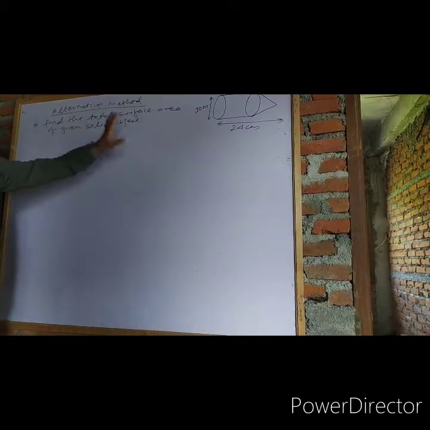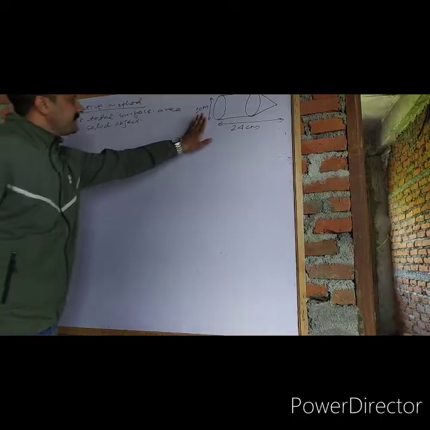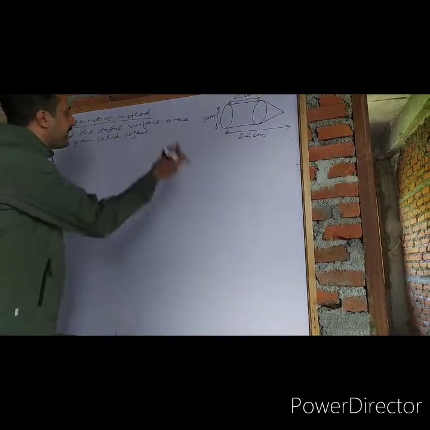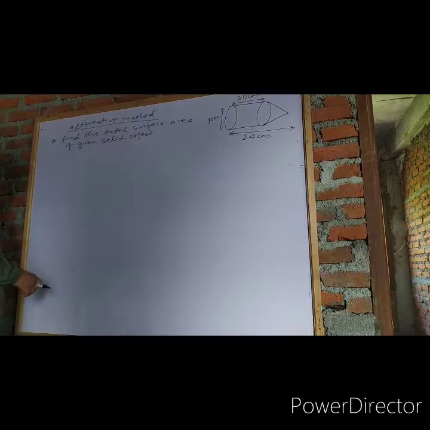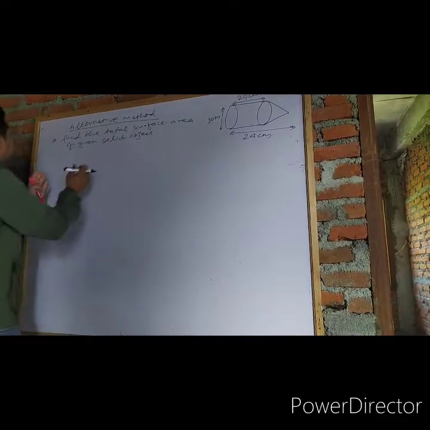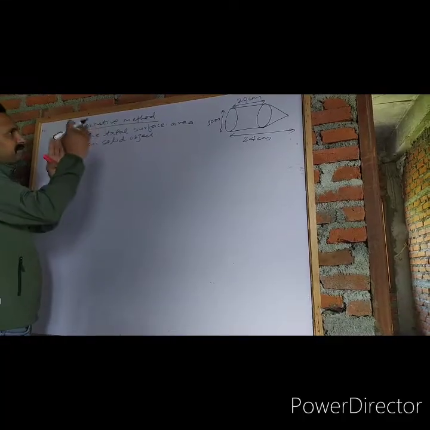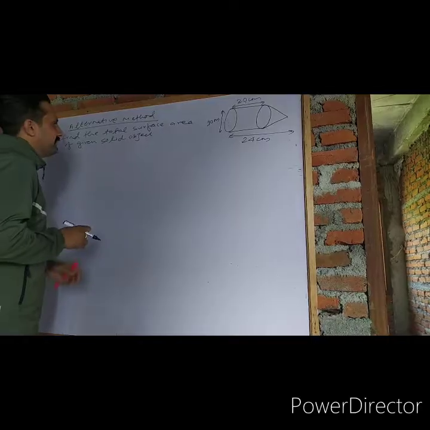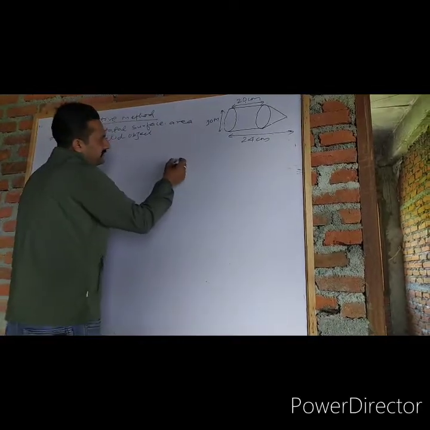We can find the same combined solid total surface area by another alternative method. Now let's start how to solve the total surface area of combined solid by alternative method. Firstly separate this figure.